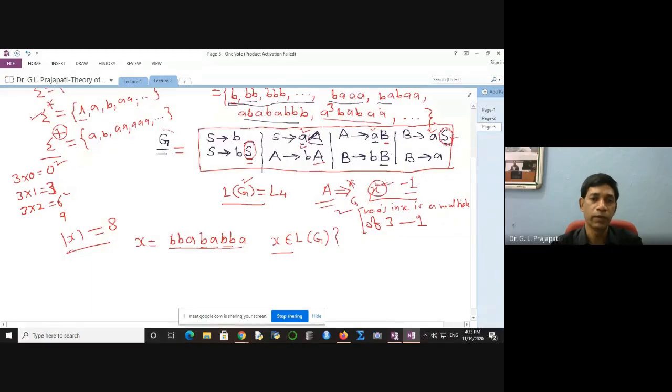You will be given some grammar like here, and I ask, okay, this is the sentence, and I want to verify whether this sentence can be generated by this grammar or not. It means you need to verify whether X belongs to L(G), the language represented by the grammar G, or not.